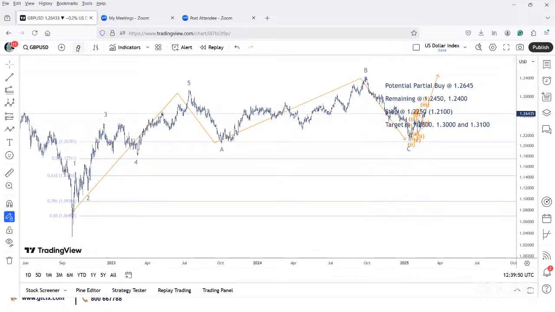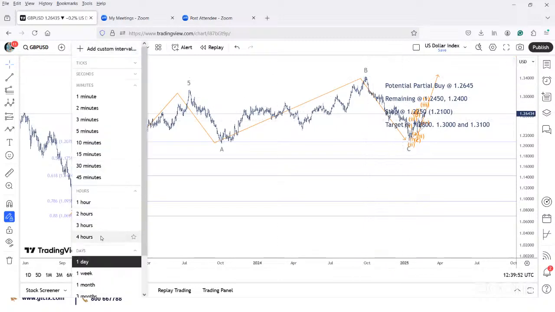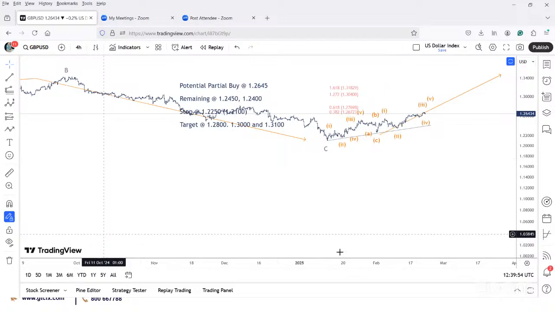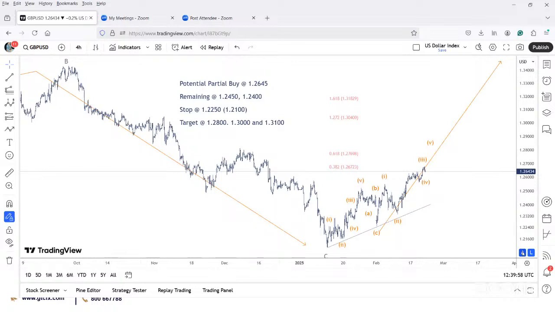We are in the process, I mean, the bulls in pound, euro, and the dollar index, all three of them, are in process to carve minute wave two of a minute degree. And I think pound has already done that around 2250. Euro and dollar might do that next week, but pound has almost completed that.